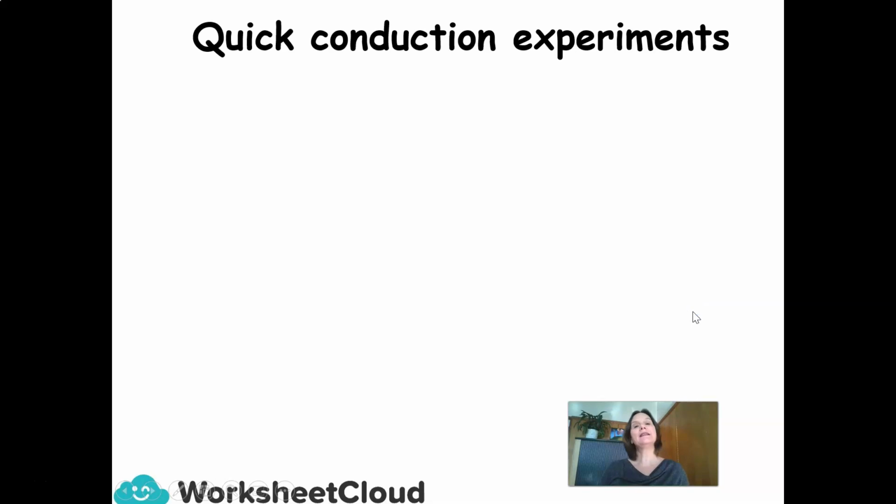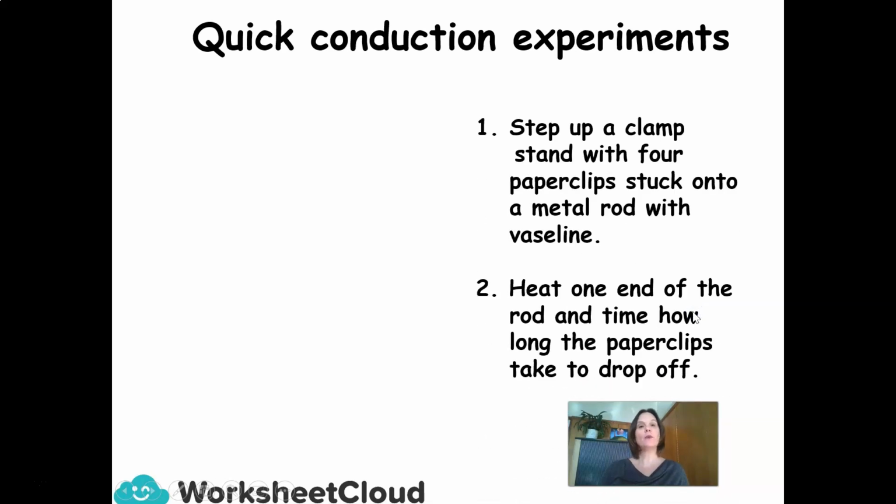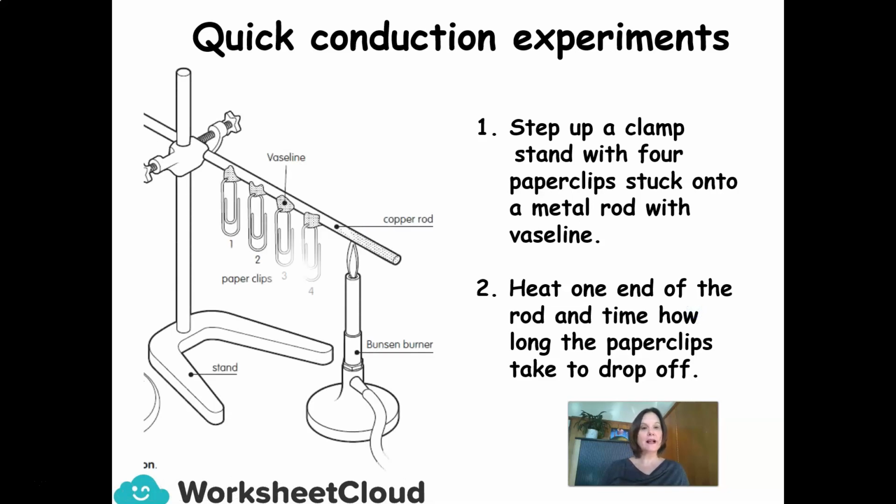So let's take a look at a quick conduction experiment that we would have set up in the classroom. We would have set up a clamp stand with 4 paper clips stuck onto a metal rod with Vaseline. You can see that over here, and the Vaseline has to be in equal amounts on each paper clip, and I will explain that to you later when we look at what makes a fair test.